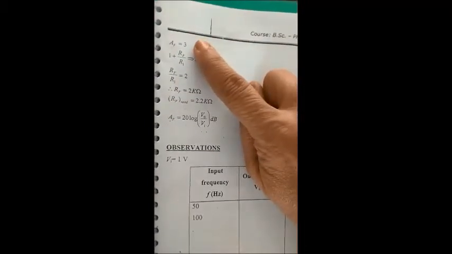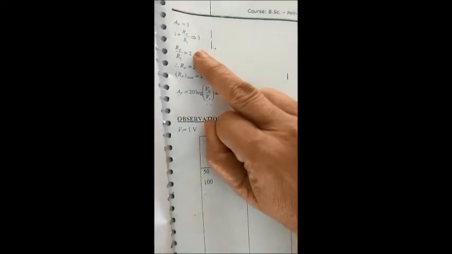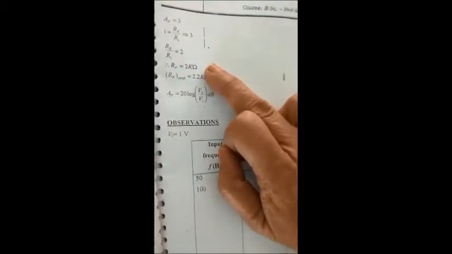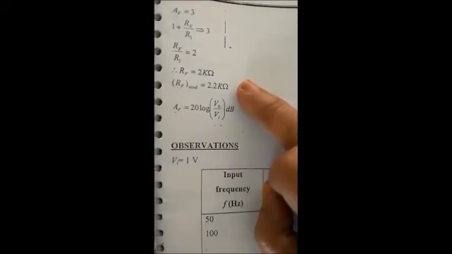We have decided the gain should be equal to 3, and we have chosen the R1 value. If you rearrange and calculate, the Rf value we have to use is 2 kilo ohms, and the available resistor is 2.2 kilo ohms. So the pass band gain of the practical high pass filter is also 3, as designed as per the theory.